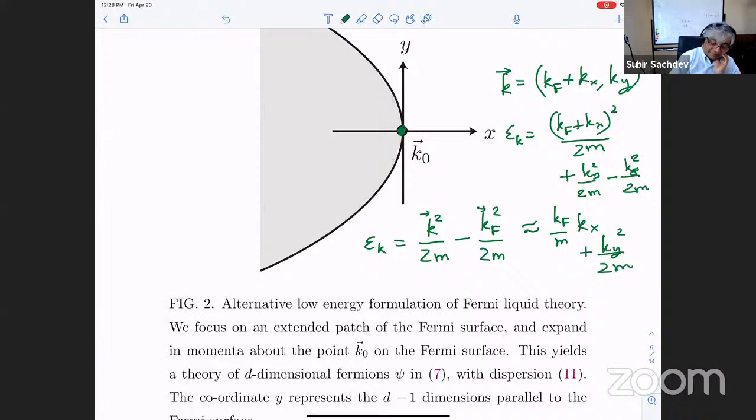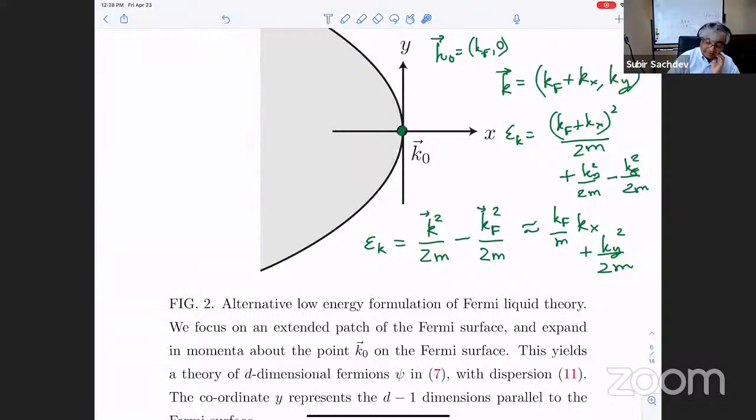So there you see, this is point k0, which I took to be kf, 0 in this coordinate system. So now I see that along the x direction, there's a linear dispersion, it's vf times kx, whereas along the y direction, it's a quadratic dispersion.